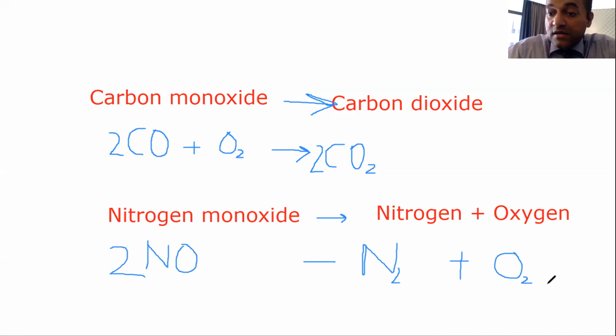Now we want to go to another equation, the last one. There's only 3 equations. So carbon monoxide becomes carbon dioxide, nitrogen monoxide becomes nitrogen and oxygen.